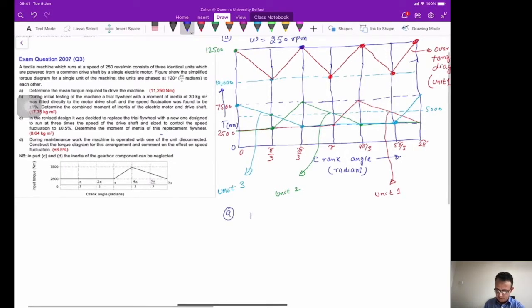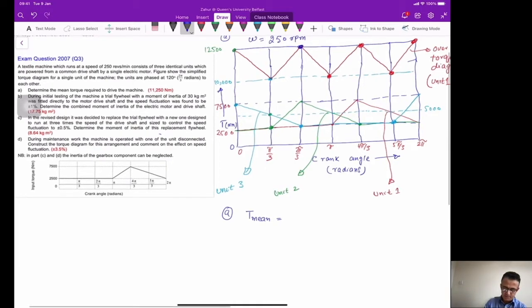So part A is that you need to calculate T mean, which you should calculate from this plot here. Again, you can use the similar idea that you should calculate, for example, all the areas here.